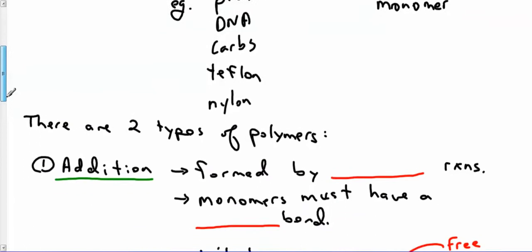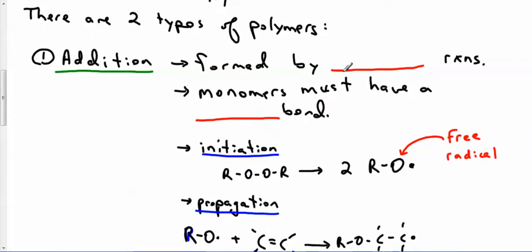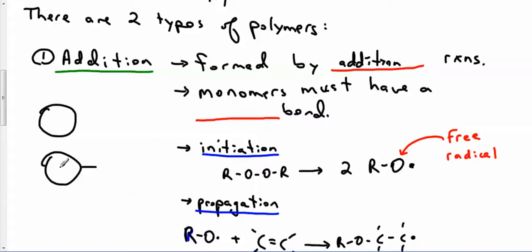There's two types of polymers. The first type are called addition polymers, and they are called addition polymers for a reason, because they are formed by addition reactions. Now, if you think about it, if I have some molecule that's happy, and now I need some molecule that suddenly wants to make not one bond, but two bonds, if we're going to make a chain of them.